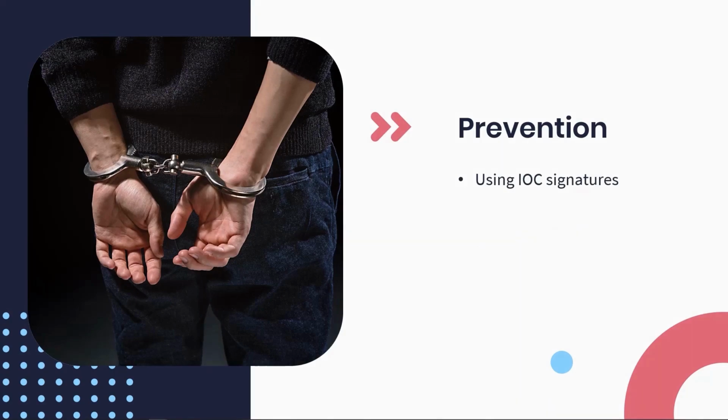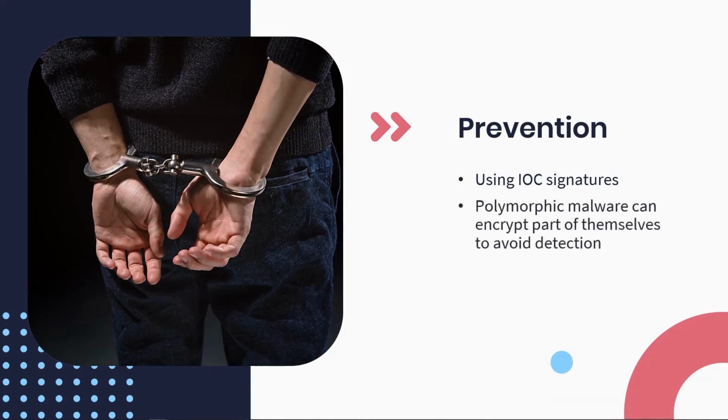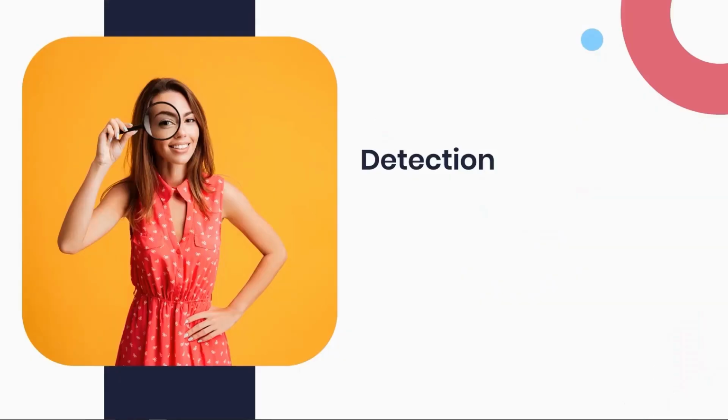But more sophisticated malware is polymorphic in nature. This means that these types of malware encrypt parts of themselves to avoid detection. Anti-malware uses AI and ML, artificial intelligence and machine learning, to detect polymorphic patterns in software. Now, these technologies increase the chance of prevention on end devices.